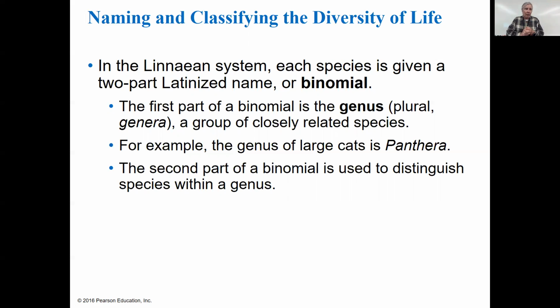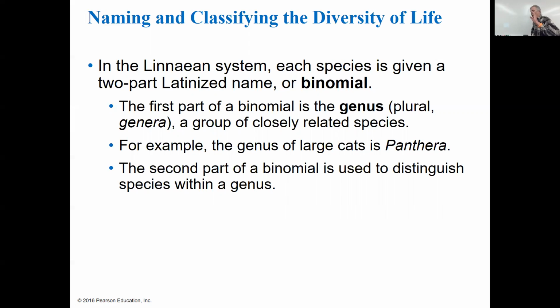So that American cockroach's scientific name is Periplaneta americana. The first part of the binomial is the genus, so Periplaneta is the genus of the American cockroach. And we'll take this example of a panther, and this genus is Panthera.